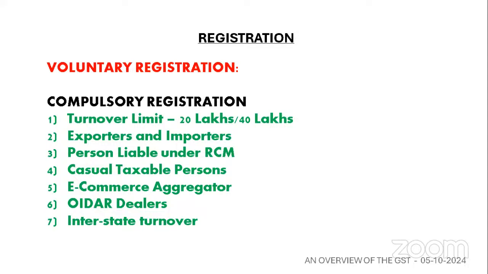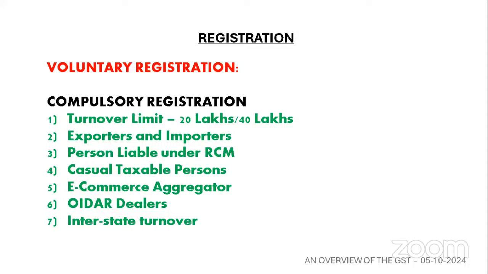And there may be other persons who are compulsorily required to be registered under the GST law. As I explained earlier, the turnover limit of 20 lakh rupees or 40 lakh rupees is crossed. The moment I cross the limit of either 20 lakh rupees or 40 lakh rupees, I am liable to be registered under the GST law.